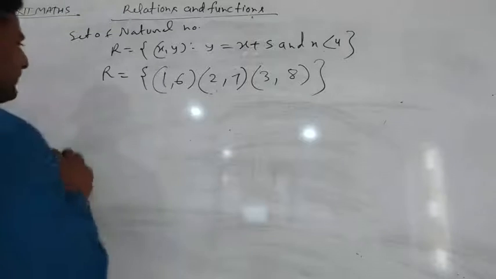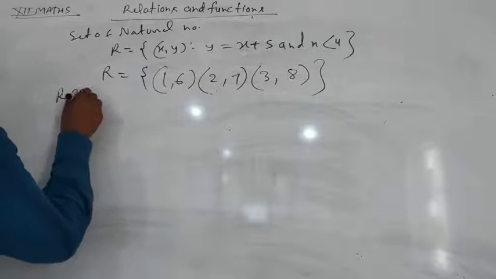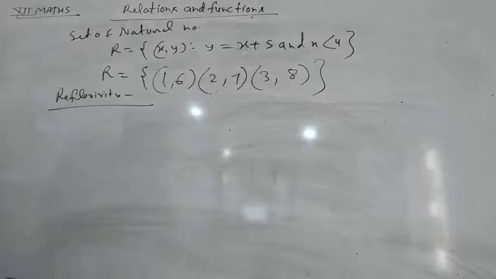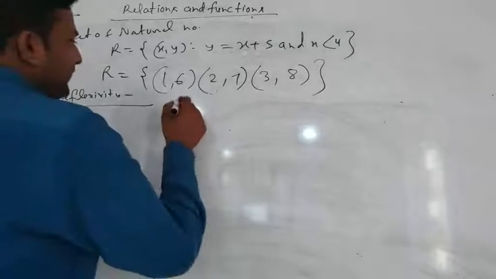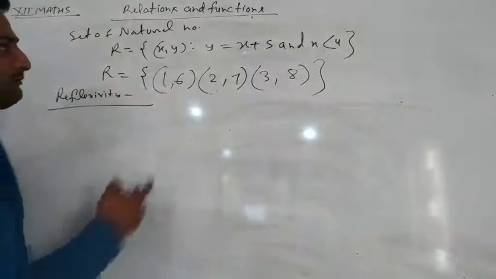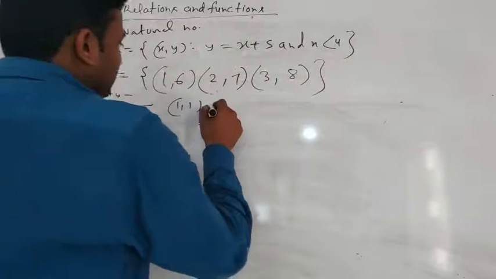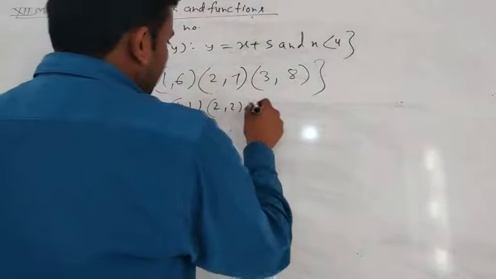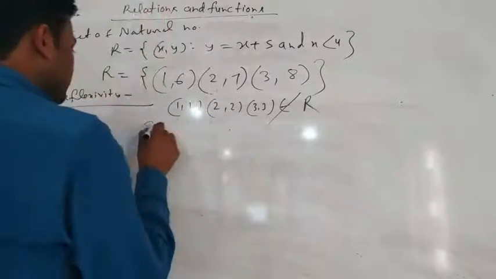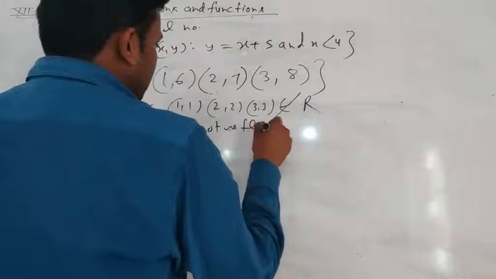Now we check for reflexivity. We see that the three numbers we are using are 1, 2, 3, and (1, 1), (2, 2), (3, 3) do not belong to R, so R is not reflexive.